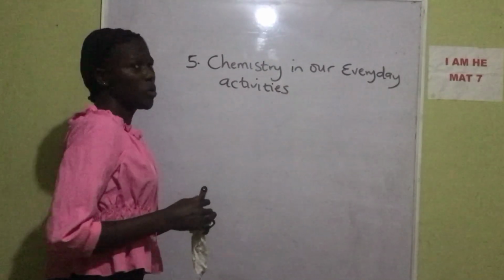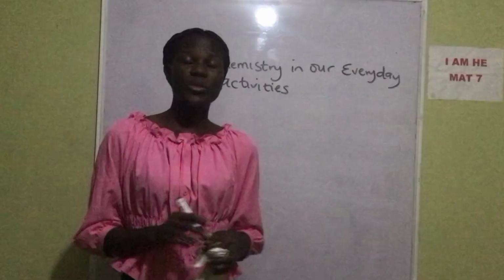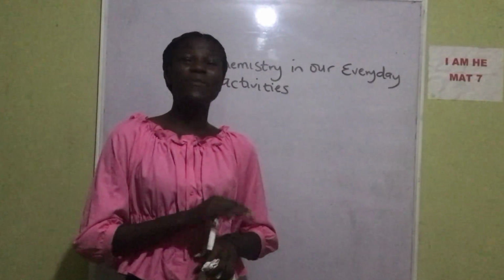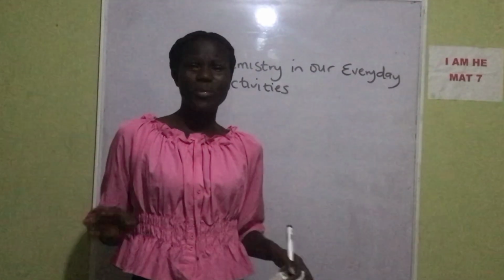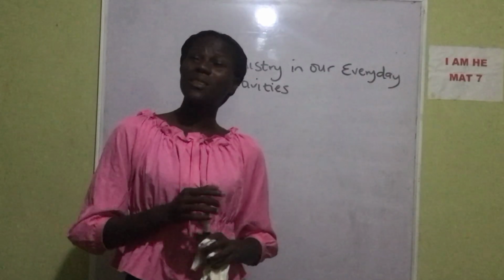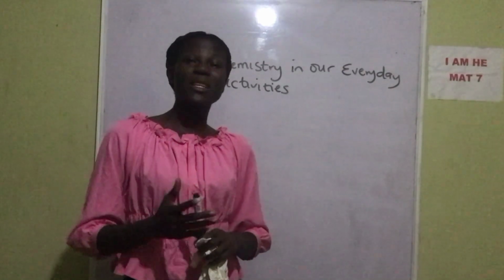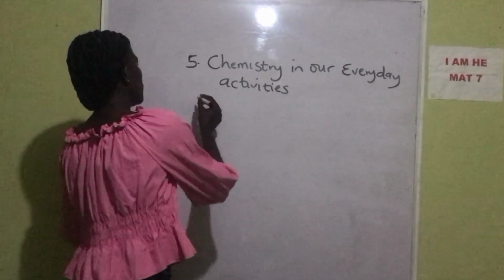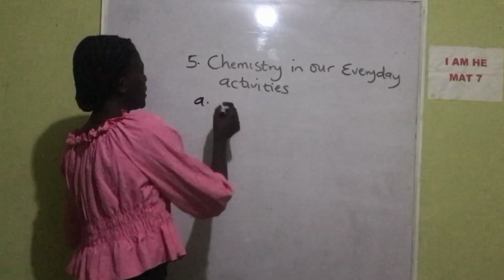Now take notes. Chemistry does not just occur in the laboratory alone. It occurs every day in everything we do practically. Now the first place it occurs majorly is what? In the kitchen, where you go to make food.